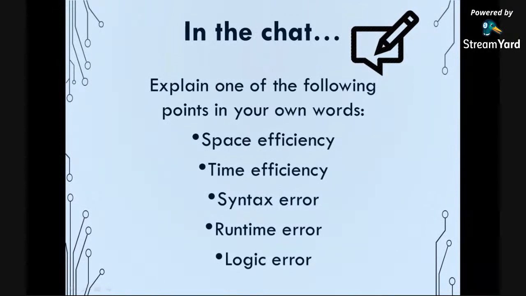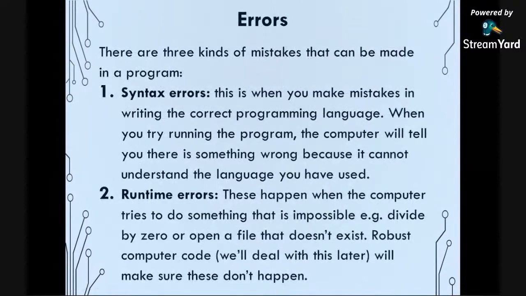Nobody mentioned syntax, runtime, and logic errors, so I'm just going to quickly go over those three ideas. Syntax errors, and I'm hoping you remember this from our rubber duck debugging lesson, are where you make mistakes in writing the correct programming language. So you've written a typo, or you've forgotten a speech mark, or a bracket, or a double equal sign, that kind of thing.